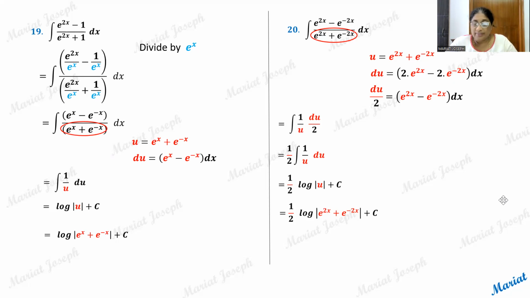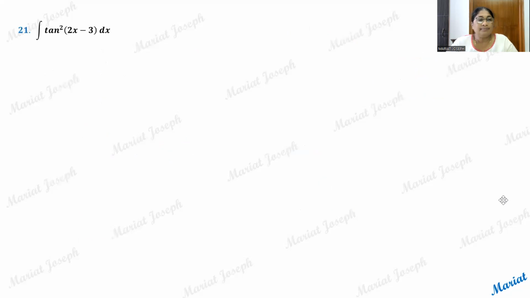Shall we go to the next one? Question 21. Okay. Integral of tan square of 2x minus 3. Kushi, Ishita, who is going to remind me, how do we integrate the tan square x function? We have done it in the standard forms. Tan square x is sec square x minus 1. Exactly. We have used it twice earlier.